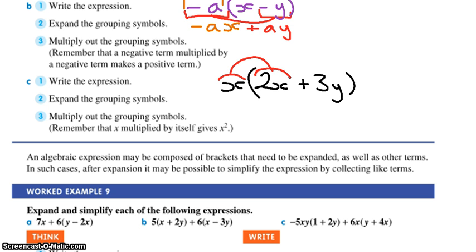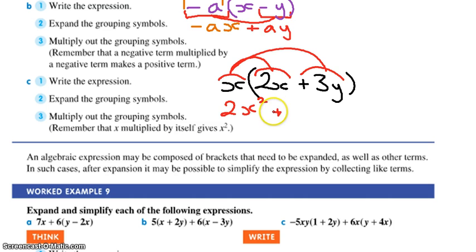The coefficients are 2 and a 1, 2 times 1 is 2, and x times x is x squared. Next bit, you've got x times plus 3y. And I am saying plus 3y because it's important to remember that the sign is important.